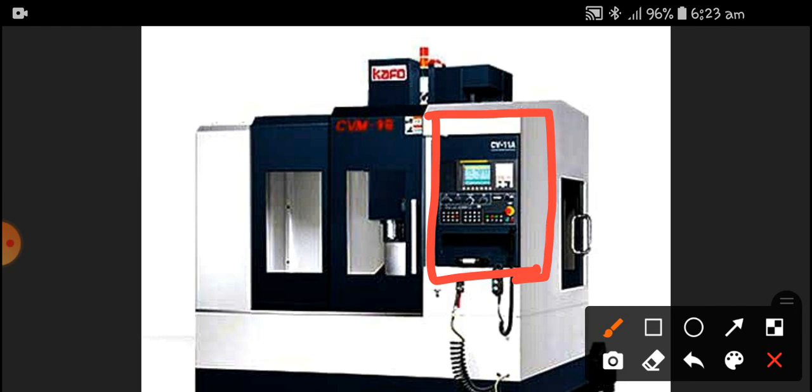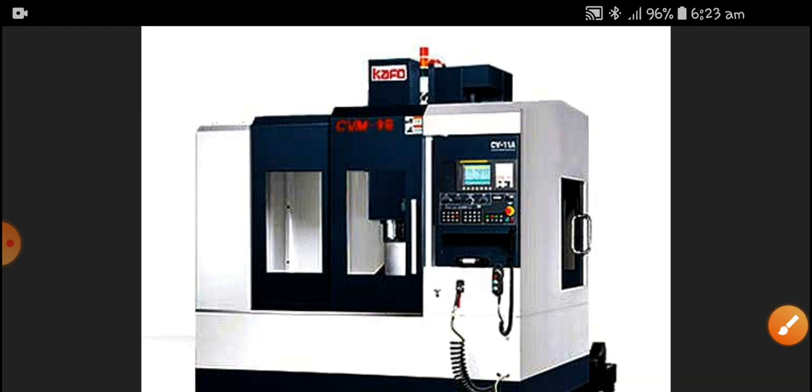We use some software and some codes for machining, and the codes can be saved or stored in the memory. Some memory is inbuilt in the machine itself, so we can use the code whenever we need. And also the editing of the code is possible. So that is why it is called computer numerical control. A computer is installed in a numerical control machine in order to convert the disadvantages of the NC to the advantages of the CNC.